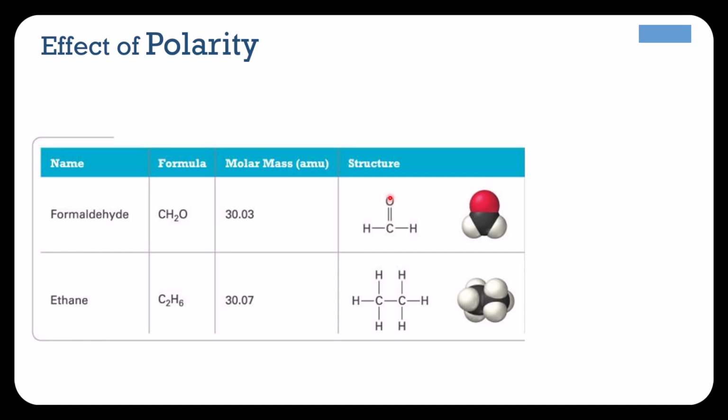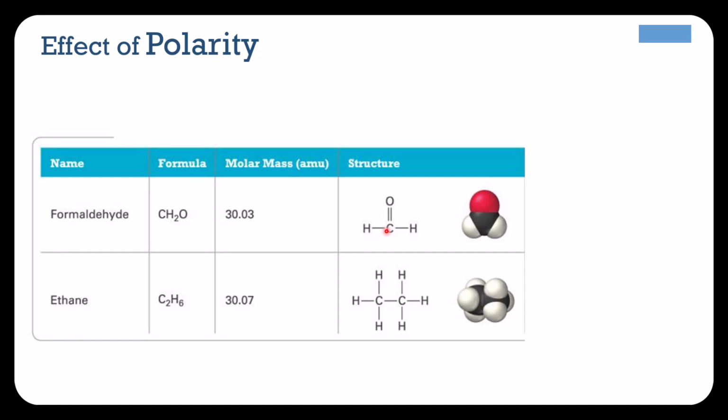So oxygen has a higher electronegativity, carbon has a lower electronegativity. So this is a polar bond. With that being a polar bond, this is in fact a polar molecule. So we'd have a region that's electron rich up here by the oxygen, a region that's electron poor down here by the carbon.